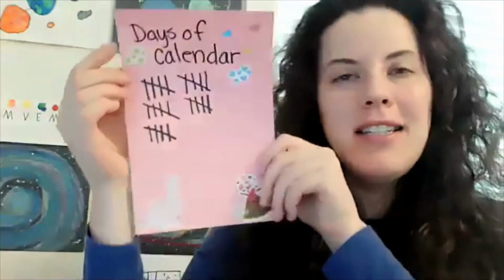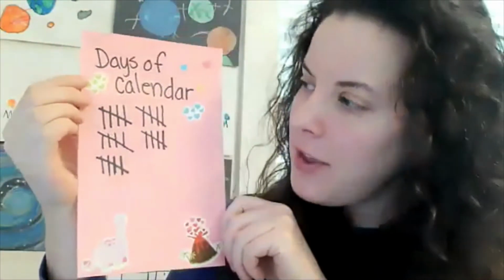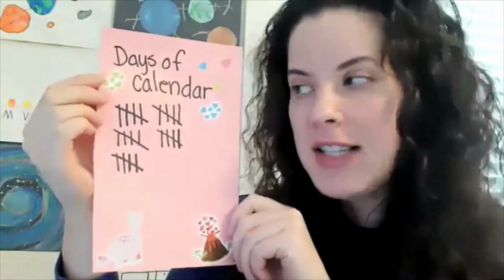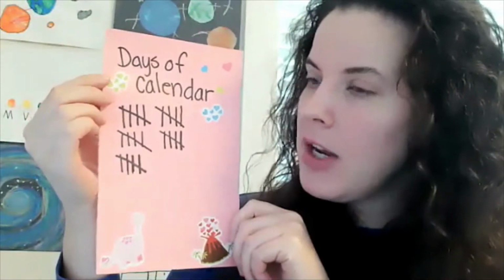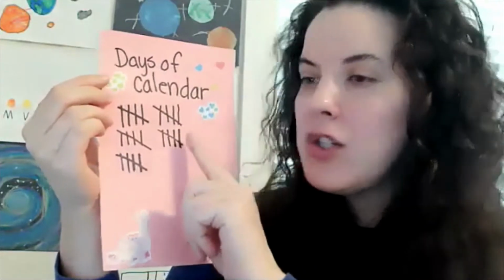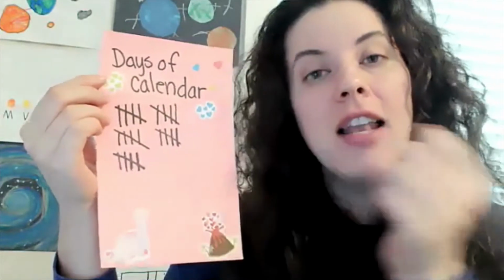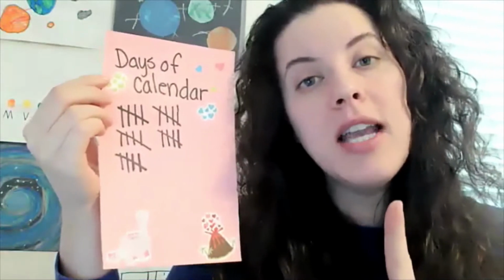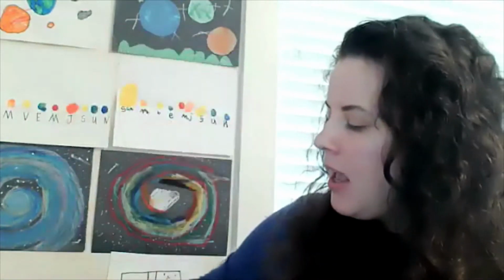Let's look at how many days we've been doing our calendar together, and we can count by fives because this is a tally, and tallies are in groups of 5. 5, 10, 15, 20, 25. Now I have to add on one more day because that is today, and that would make it 26. 25 plus 1 is 26.